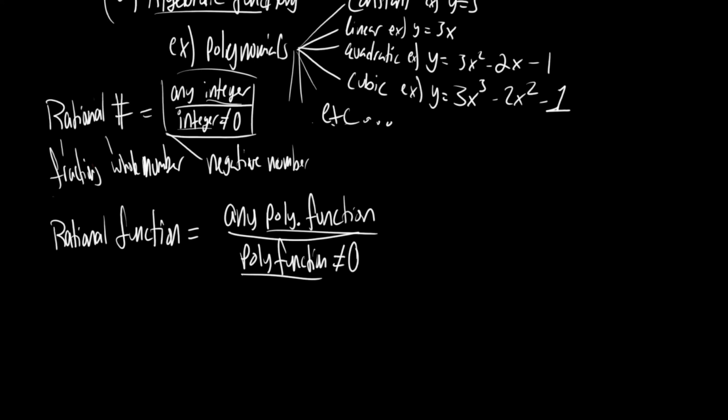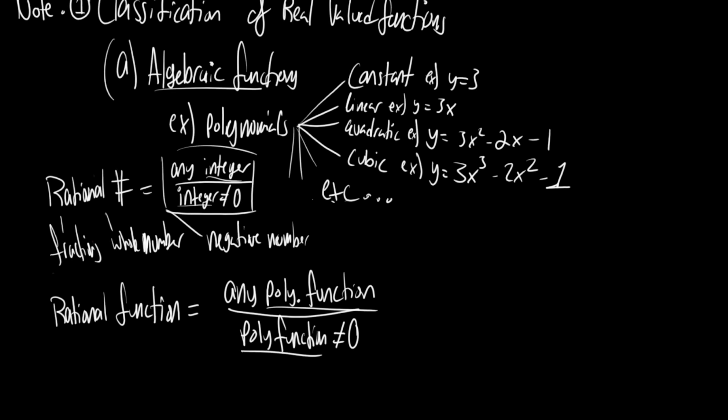We just established that this could be any rational function, and that rational functions can be a constant, a linear function, a quadratic function, a cubic function, etc., whether it be quartic or whatever is to the fifth power.